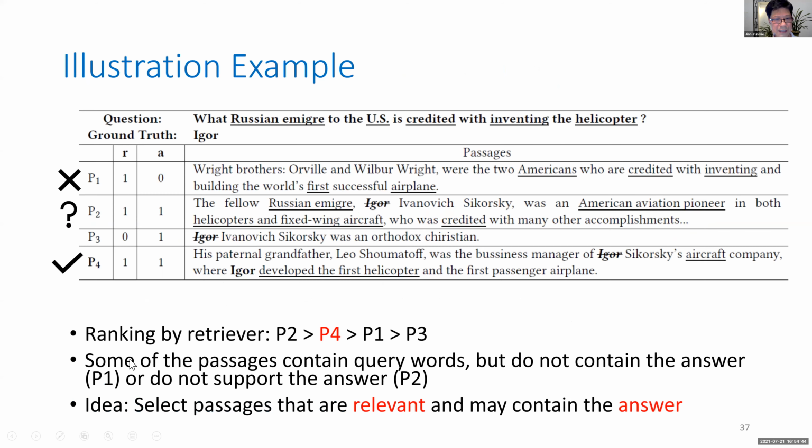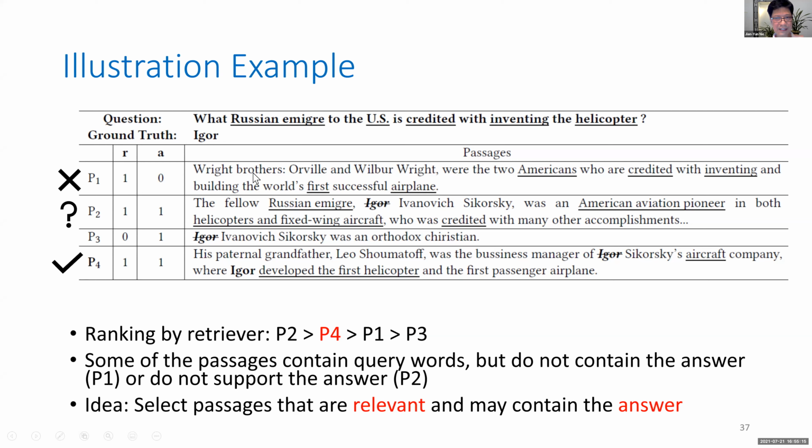Let me illustrate the problem with that. The problem is that we may have different passages that the retrieval system may retrieve. So for example, the question here is, who is the inventor of the helicopter? And we have different qualifications of this inventor. He is a Russian immigrant to the US, and he is the one who invented the helicopter. And the right answer is Eagle.